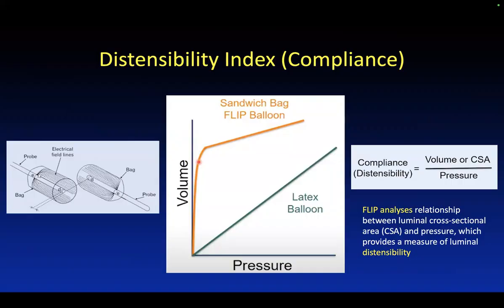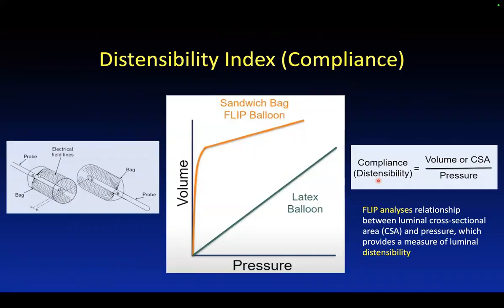Why is this important? Because you are assessing something called compliance. Compliance is basically the distensibility of the esophageal lumen. Many researchers believe that the problem in dysphagia might not actually be related to the motility of the esophagus. It might be related to the distensibility of a certain part of the esophagus, right?